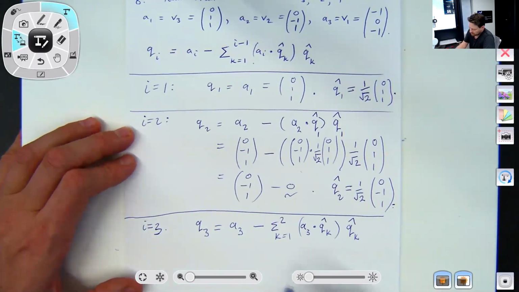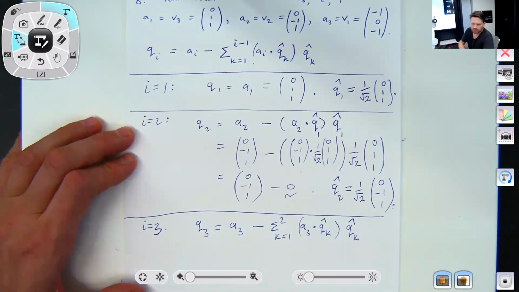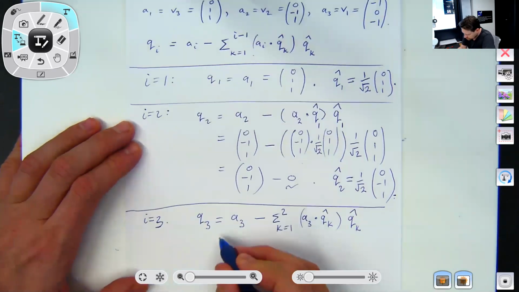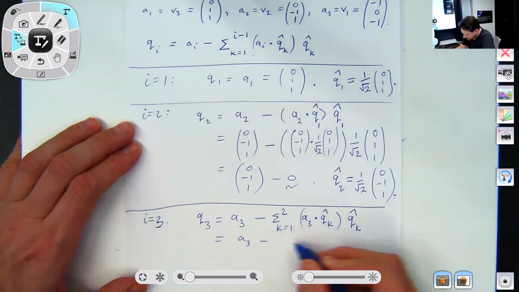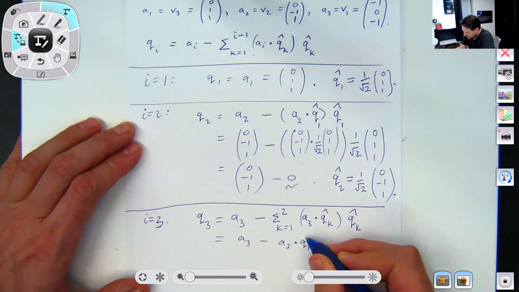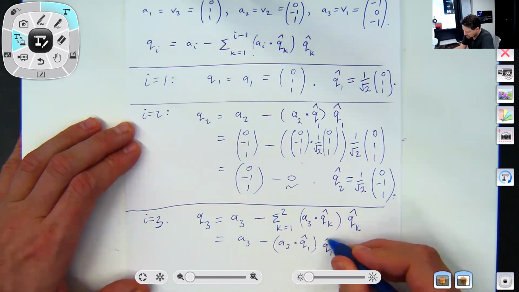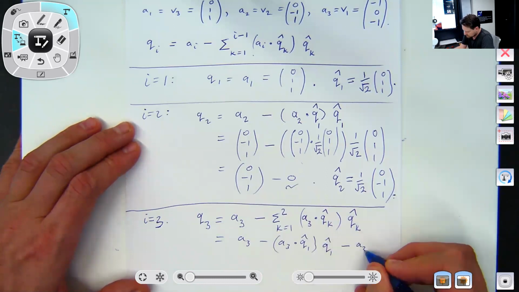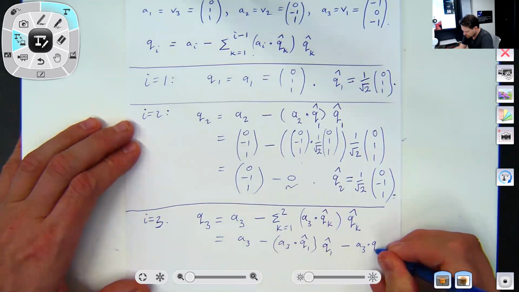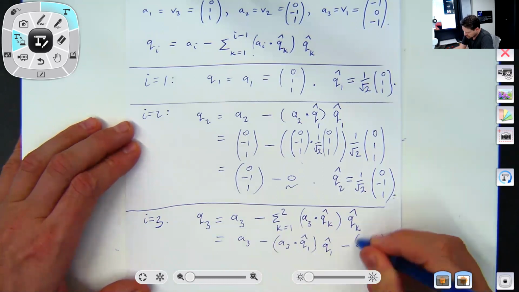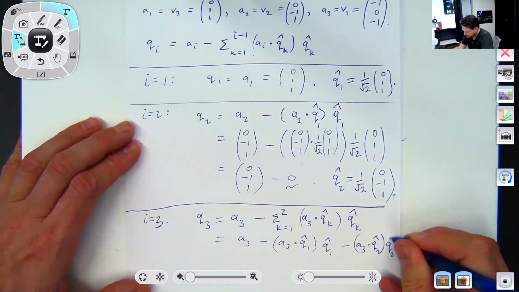Now I can put the things in the sum, k equals 1 and k equals 2. So A3 minus A3 dot Q1 hat, scalar product, Q1 hat, and then minus A3 dot Q2 hat, and then all times Q2 hat.